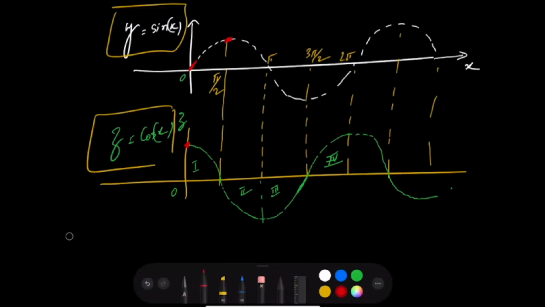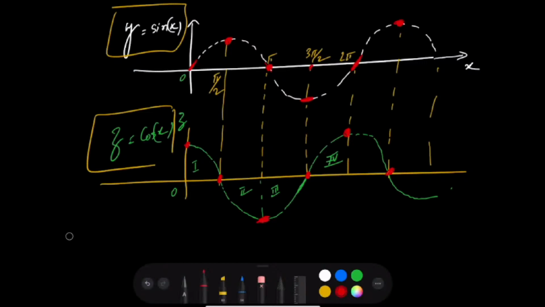Here the slope is 0, here its value is 0. Here the slope is -1. Why? Because it is making almost 135 degrees. Here the value is -1. Here the slope is 0 again, here its value is 0. Correct? Here the slope is +1 again, and here the value is +1. Correct? Here the slope is 0 again, and here the value is 0.